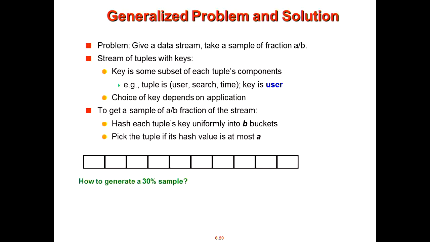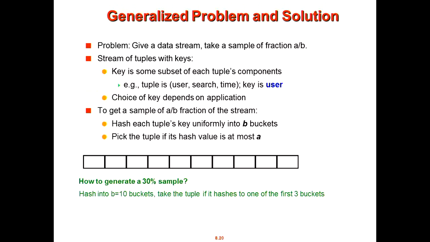If you want a 30% sample of the original data, you hash into 10 buckets, and you take the tuple if it is hashed to one of the first 3 buckets. Actually, you can select any 3 buckets from the 10 buckets to do the sampling. Then your answer should be correct.